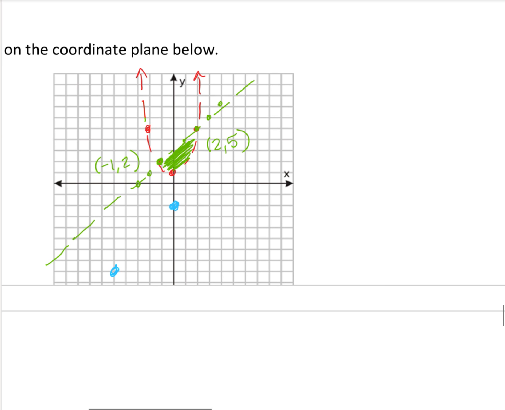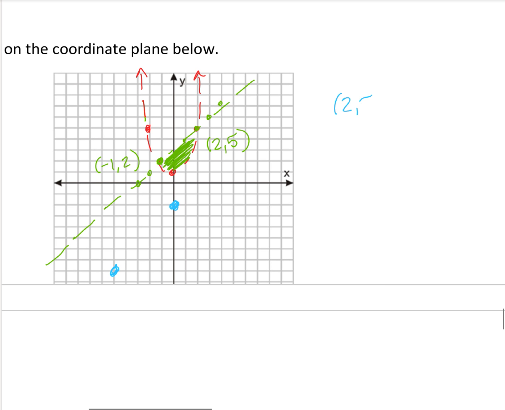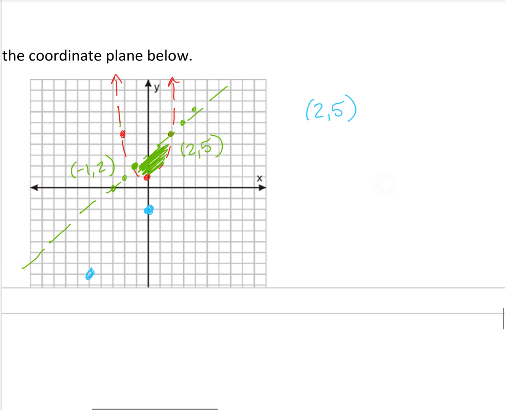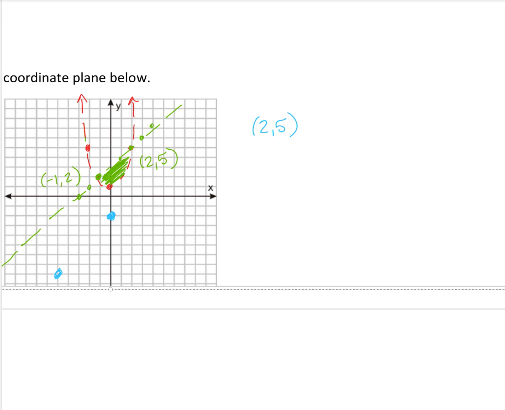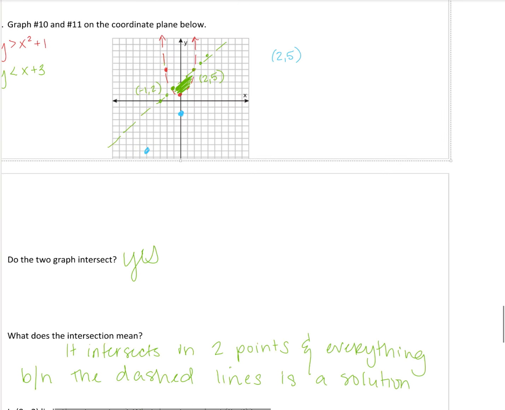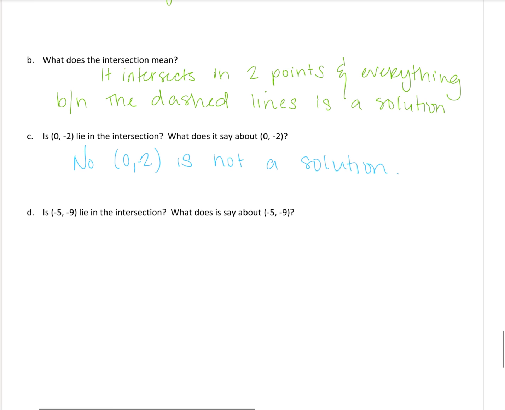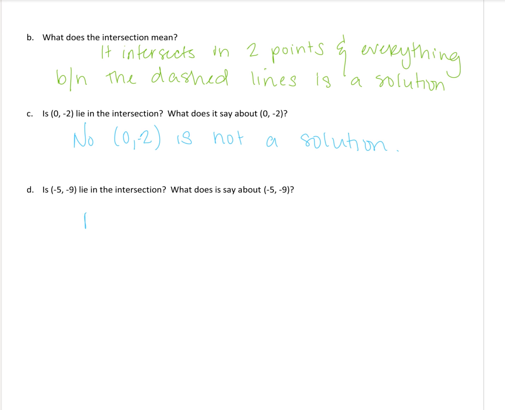Now, if it would have asked, is 2, 5 a solution? Well, because it lands on my dashed line, I would have to say no, because anything that lands on the dashed line is not a solution. So this one's not a solution.